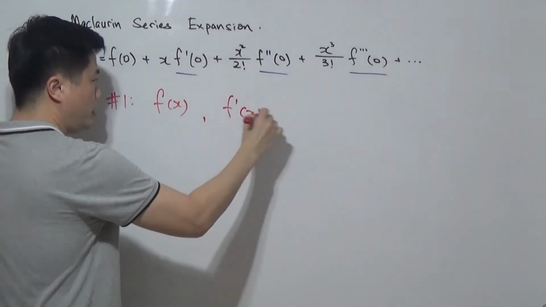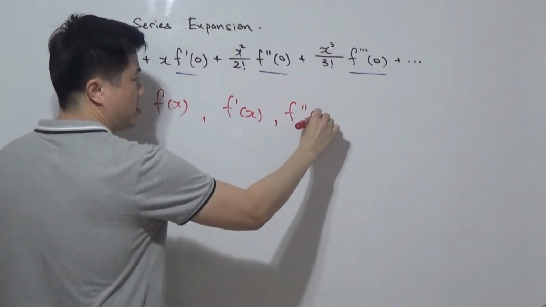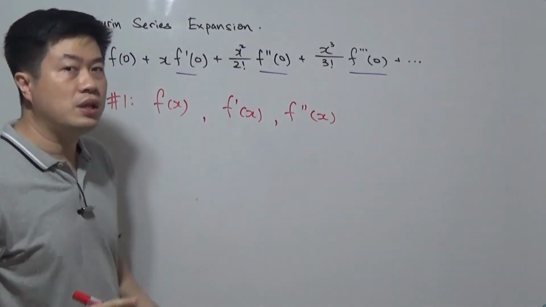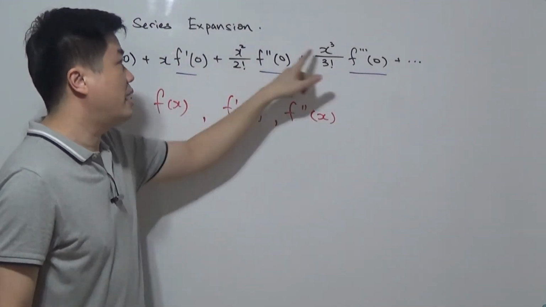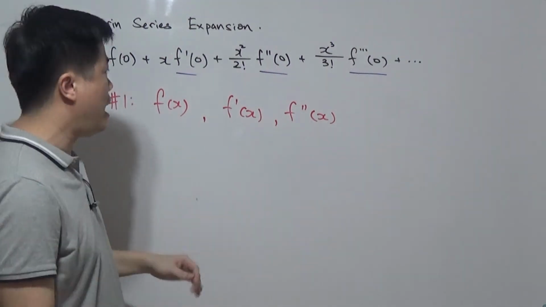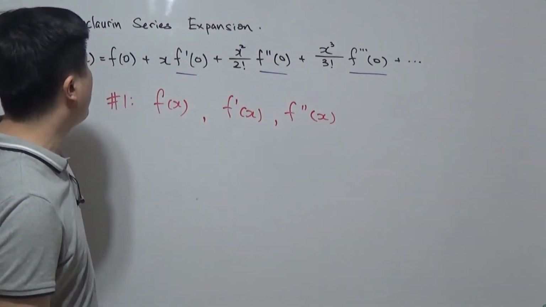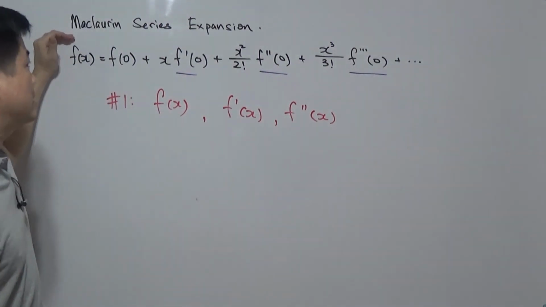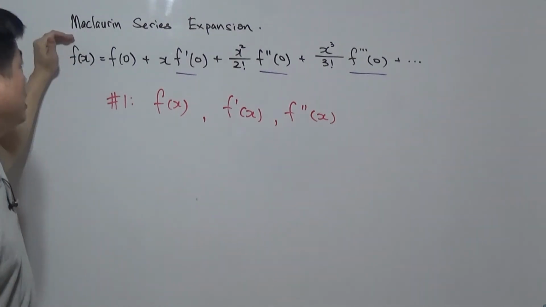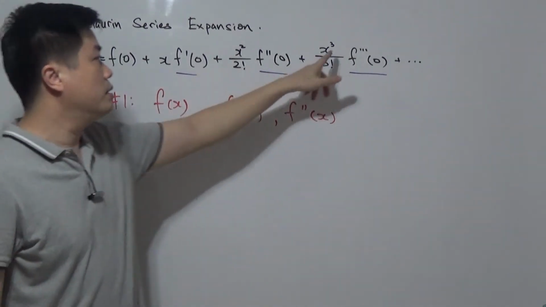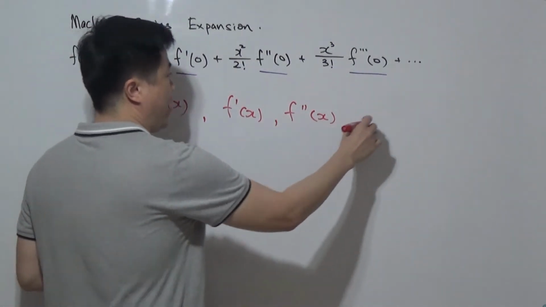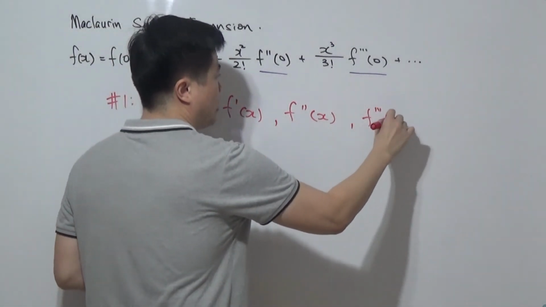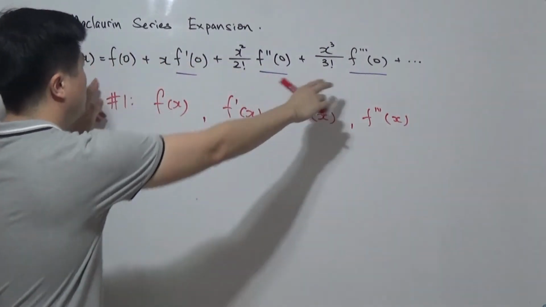Depending on the question, they will usually tell you up to the powers that they want. So if they say, I want you to derive the expansion using this formula up to and including x cubed, then you would need to do up to f triple prime x.